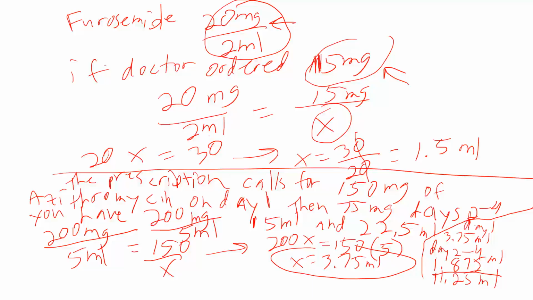That means you're going to dispense the 15 mil bottle, since 11.25 mils is closer to 15 mils than to 22.5 mils. So just set up your ratios: 200 per 5 equals 150 over x.